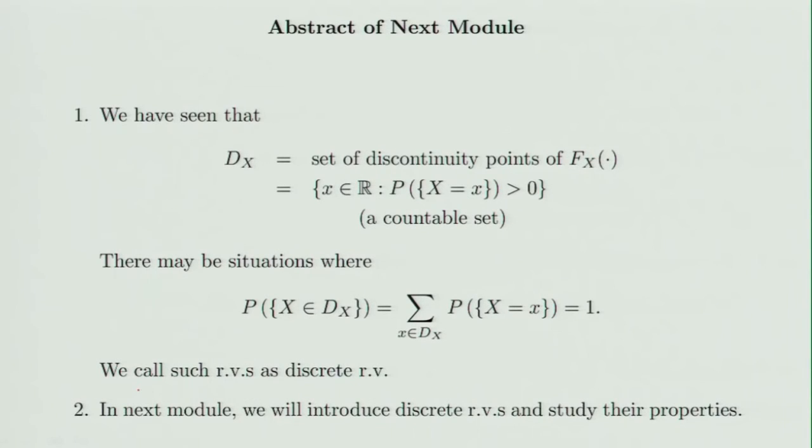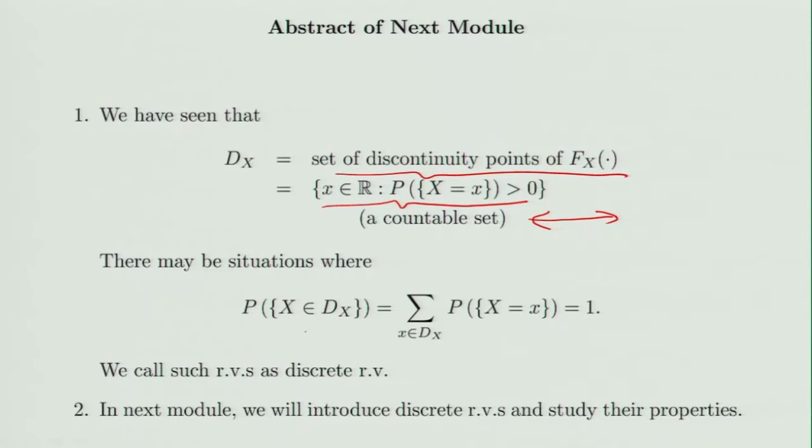Now let me give the abstract of the next module before I conclude. What we have seen is, if you have a distribution function, the set of discontinuity points of F(x) is the collection of all those x's such that probability X is equal to x is positive. And we've seen that this is a countable set, because the set of discontinuity points of a monotone function is at most countable.